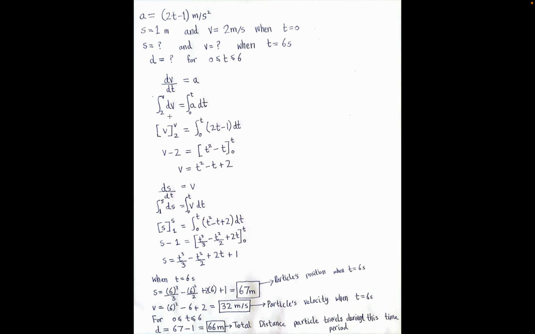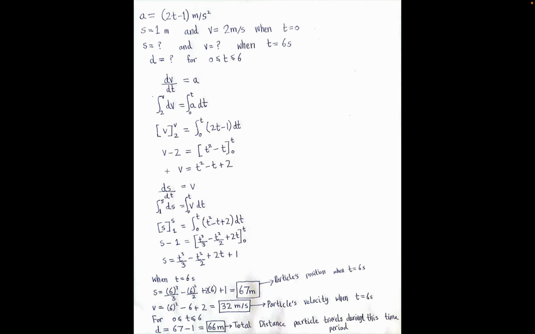In some questions it's given that the particle starts from rest, so we assume the lower limit is 0, but over here it's 2. So we use the integration method, and over here we get minus 2. We take the minus 2 to the other side and we get the equation in the form of v, which is v = t² - t + 2.